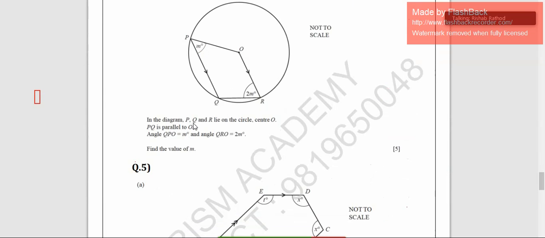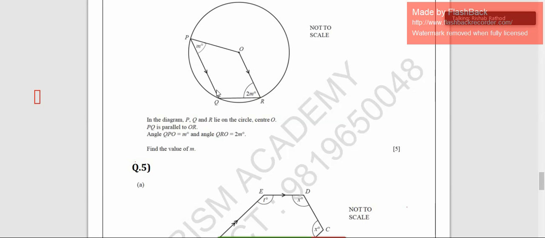The triangle PQR lie on the circle center O. PQ is parallel to QR. Find the value of M. We need to find M. This is parallel. Okay. This is 2M.